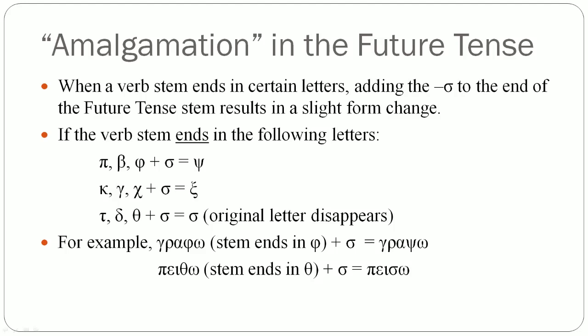Phi plus sigma equals a psi, and so the future tense first person singular of grapho is grapso, gamma, rho, alpha, psi, omega. Again, the psi replaces both the phi and the sigma.